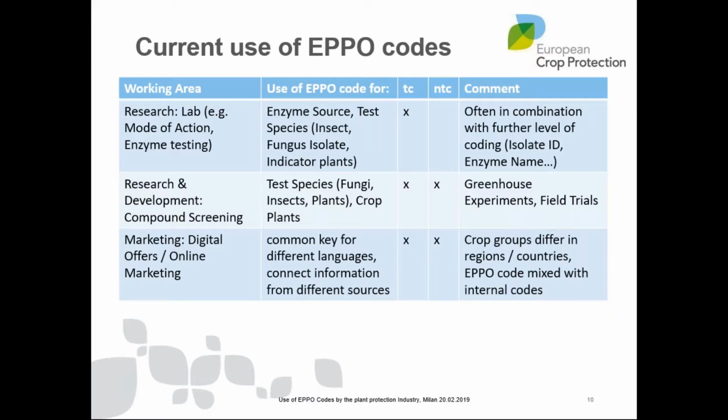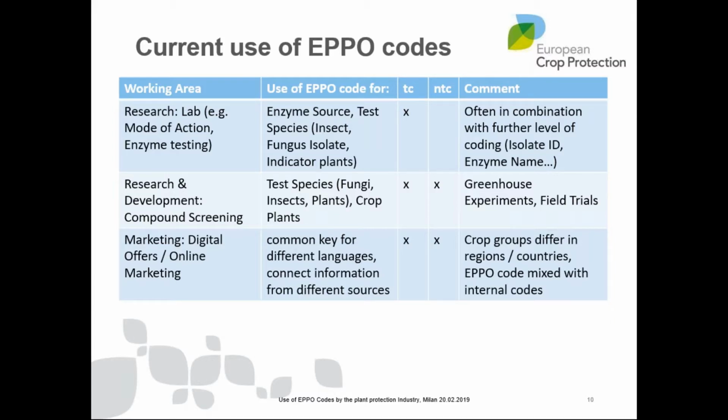This is now coded with an EPPO code, and we also in lab tests may have test species like insects, fungi, and indicator plants. Here, the EPPO code usually is not enough because we only work with parts of that organism, so we also need an enzyme name or a strain ID for a fungus, but the EPPO code is part of it.